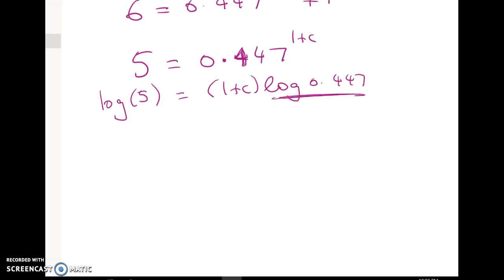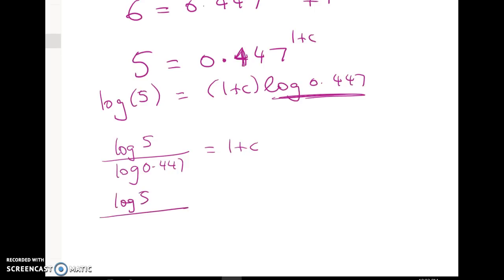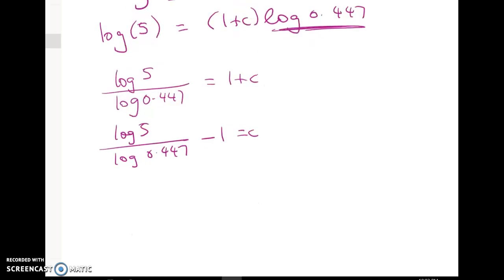Next, I'm going to divide both sides through by this, and I'm going to get log of 5 over log of 0.447 is equal to 1 plus c. So solving that gives me c, and c works out to be a very nice -3.